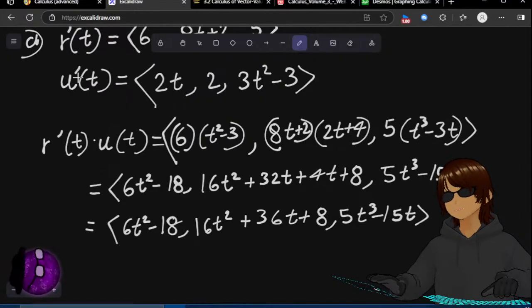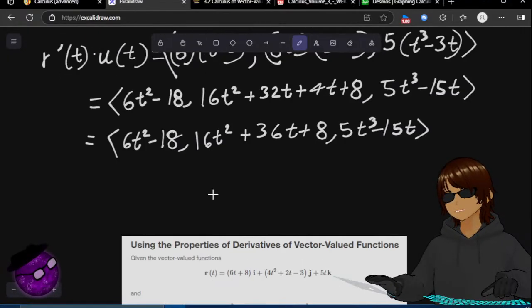And now we need to do dot product of this and then r(t).